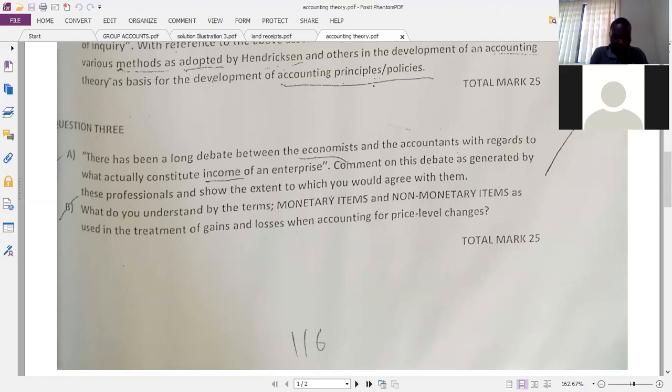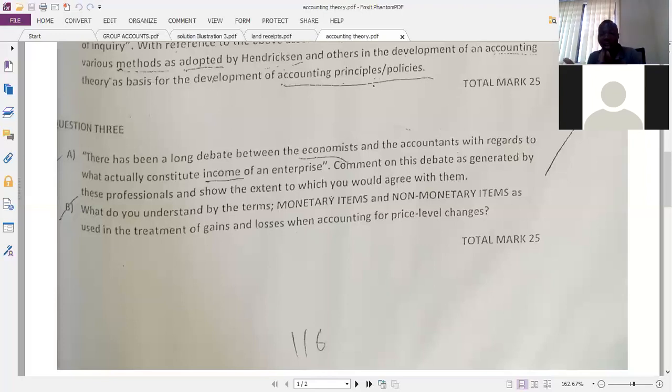So Adam Smith talked about income. Alfred Marshall also talked about the concept of wealth from a different perspective. Fisher also talked about the concept of income from a different perspective. Finally, the economists also define income as an event that gives rise to psychic enjoyment, that is real income.